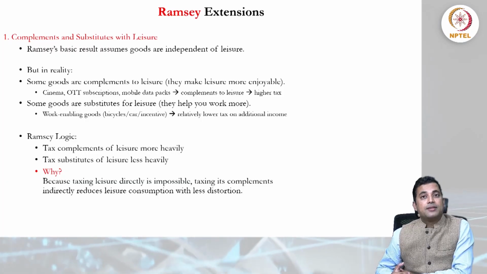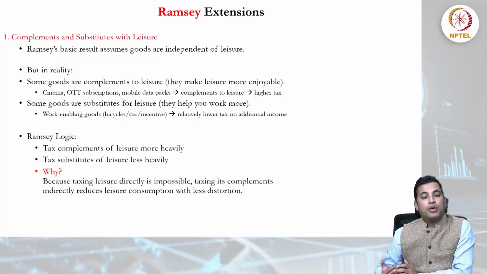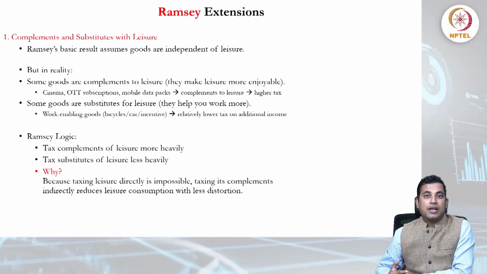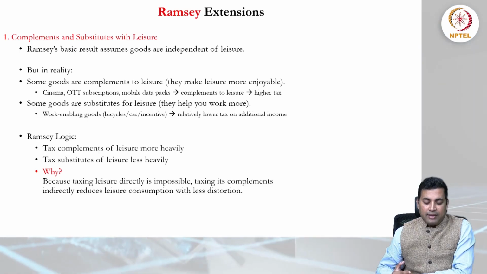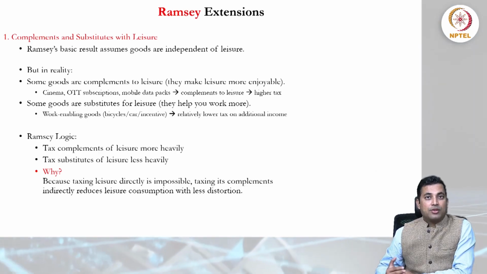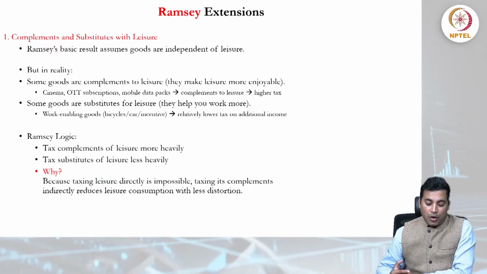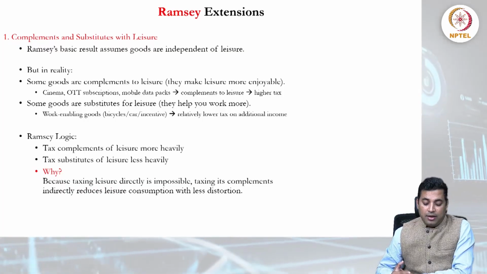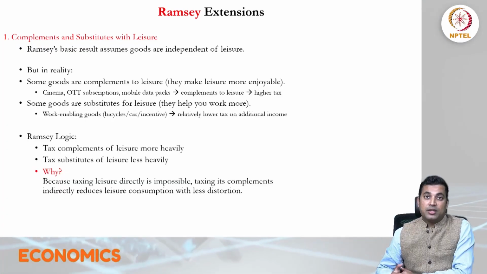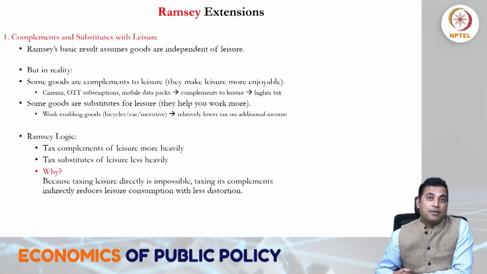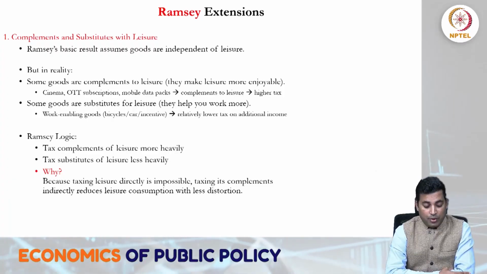And if I'm given more incentive to work more, then of course I'll choose working more over leisure, and income taxes on the additional income I get from working more will be relatively lower.